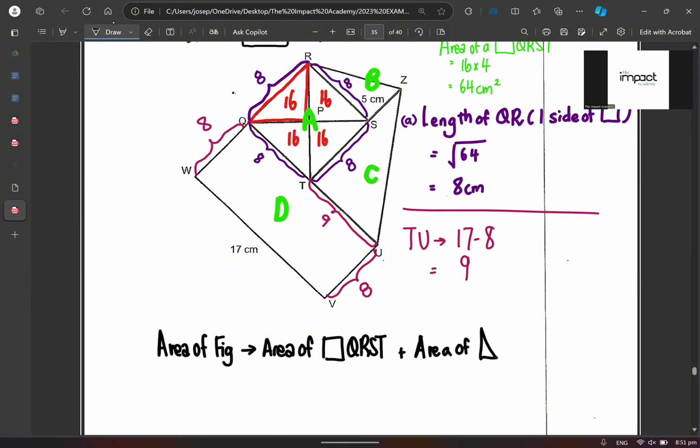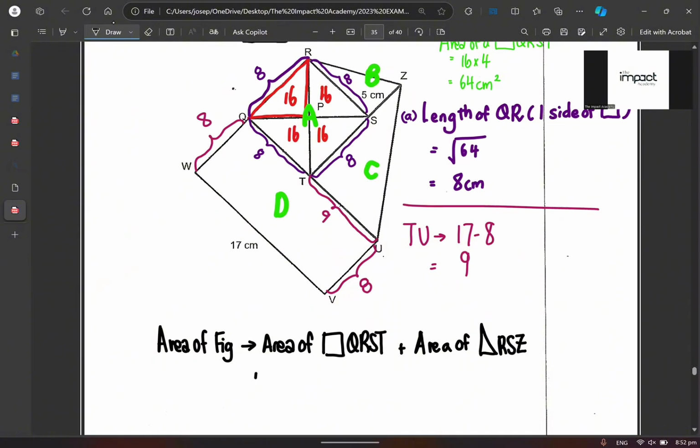Triangle. Let's go B first. I go in that sequence: A, B, C, D. Triangle RSV. Plus the area of, let's go to C. What triangle is that called? ZTU.